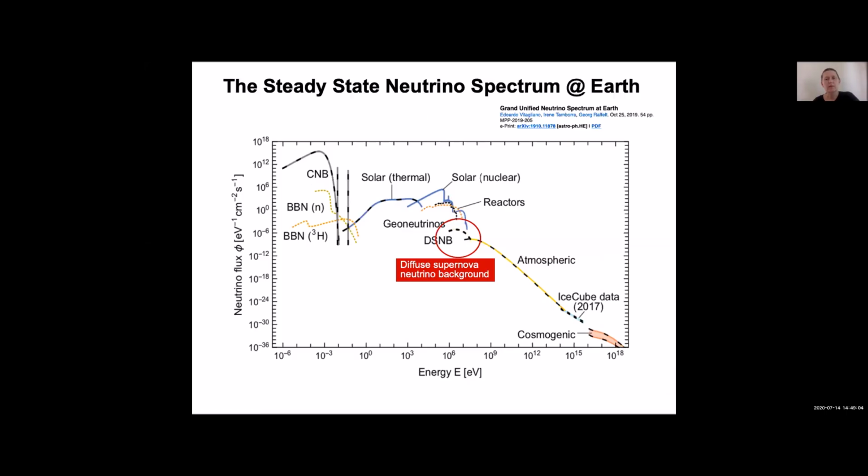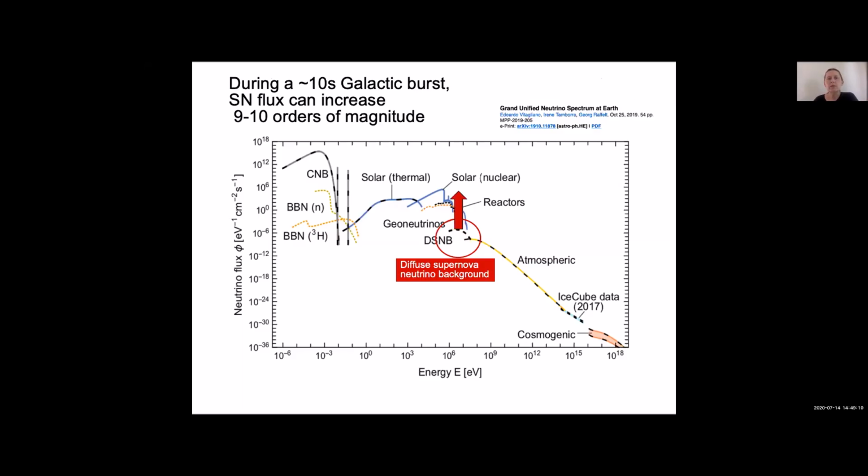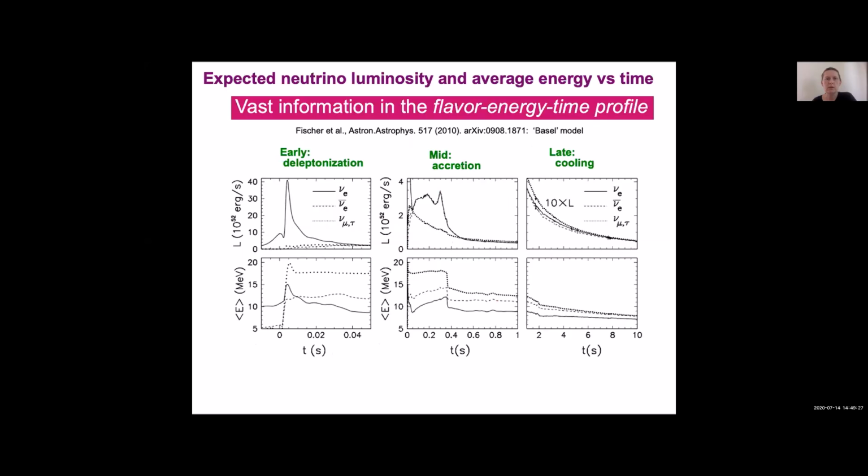That background comes from all the core collapses that have ever happened over the history of the universe. However, during a nearby core collapse around the Milky Way distance or a bit farther, at Earth, the supernova flux can increase by orders of magnitude. At the center of the galaxy, it would be 9 or 10 orders of magnitude. So it's a huge transient burst in this energy range that we're thinking about.